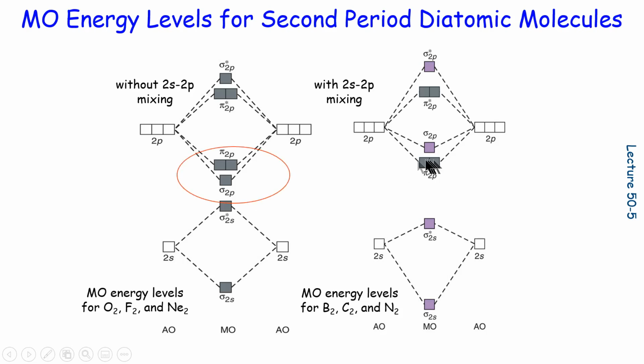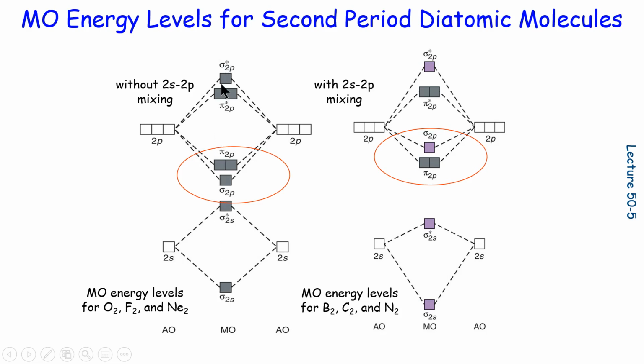So if we concentrate just on the sigma 2p and pi 2p orbitals, the ones without mixing follow the normal order: sigma 2s, sigma asterisk 2s, sigma 2p, pi 2p, pi asterisk 2p, sigma asterisk 2p.